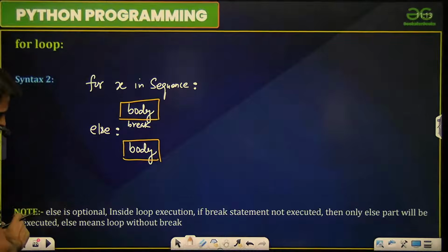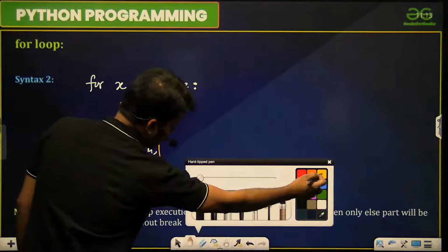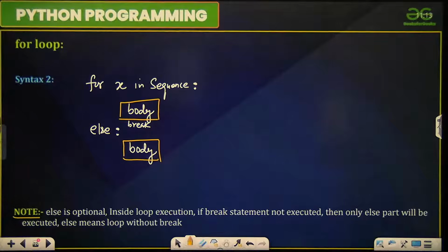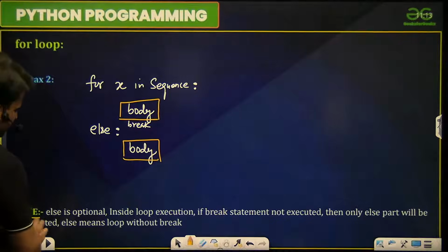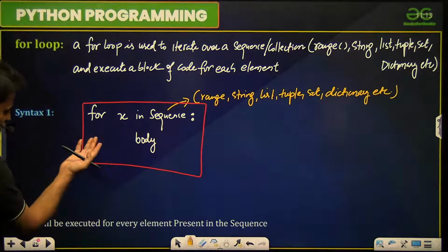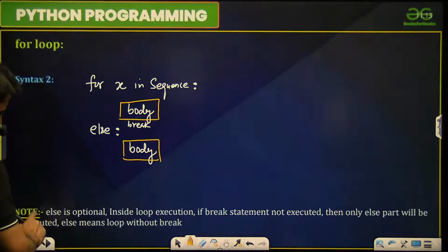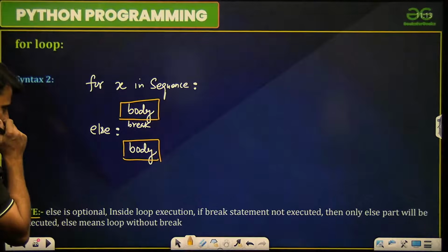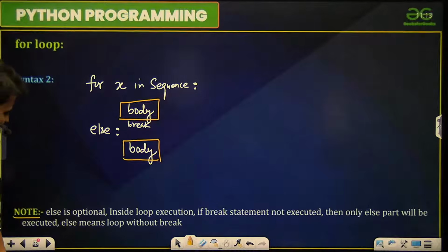So this is a very important note. Look, everyone look here. Else is optional here, student. Else is not mandatory. But if you write else, then it is executed depending on loop execution. If the break statement is not executed, then only the else part will be executed.